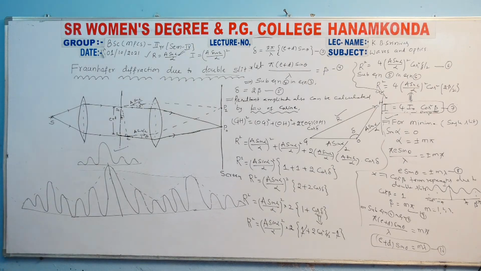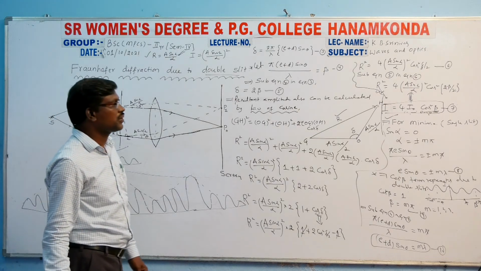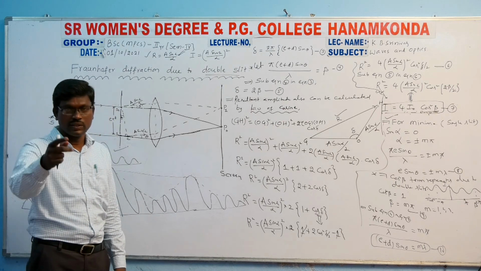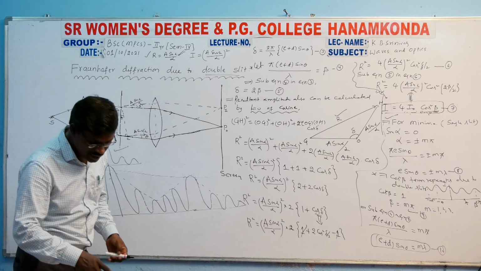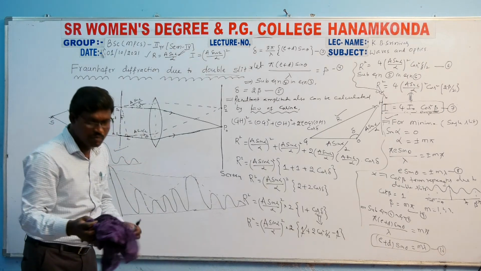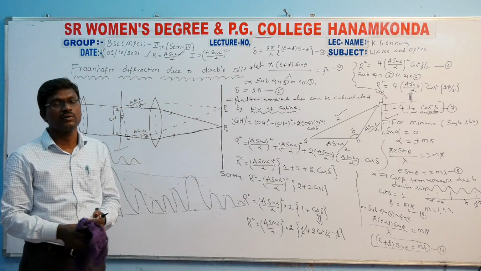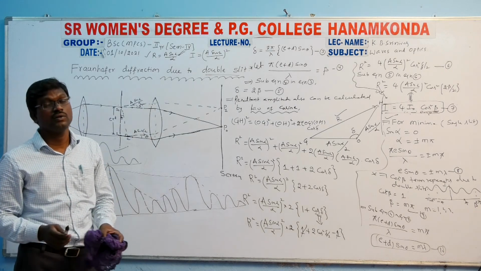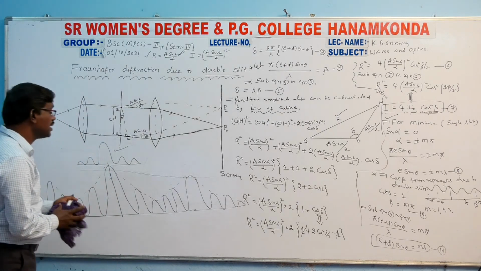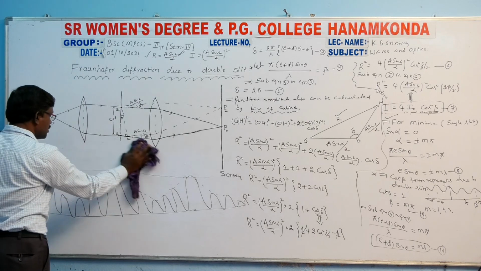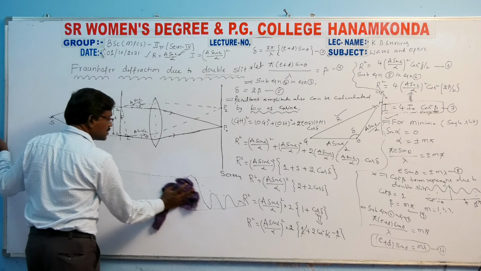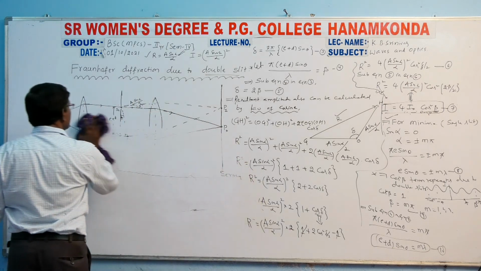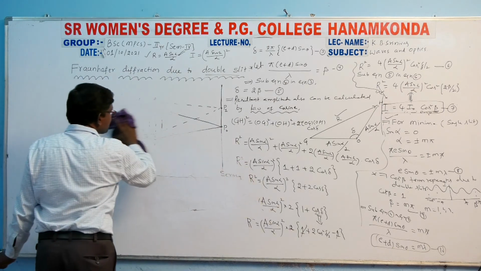Already we have discussed Fraunhofer diffraction due to single slit, due to circular aperture, and due to double slit. And we have to discuss one more case, that is Fraunhofer diffraction due to N slits. Our next topic is about Fraunhofer diffraction due to N slits. That is also known as what? Diffraction grating.